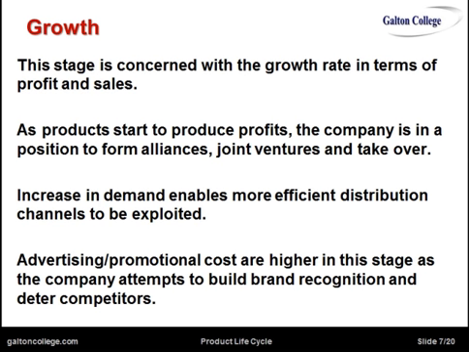It may also enable more efficient distribution channels to be exploited. The growth phase is a phase where the volume may increase, and that makes distribution channels more efficient because more are being shipped or moved down the channels.